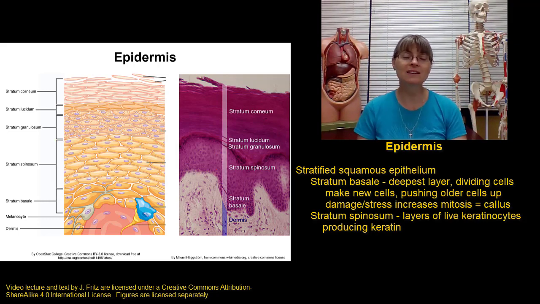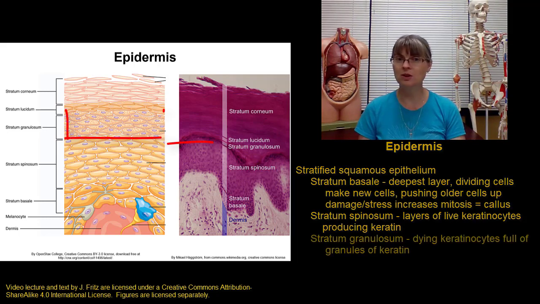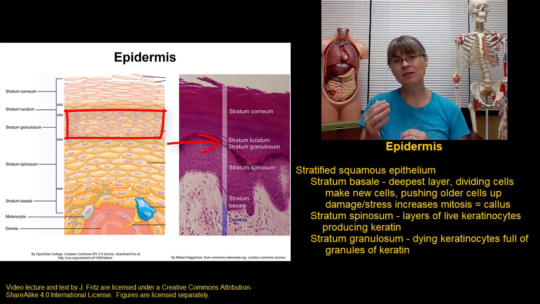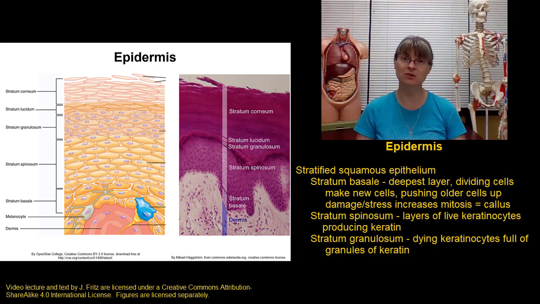Once we move up to the next layer, we get to the stratum granulosum. In the stratum granulosum, our keratinocytes are beginning to die. At this point, they're a little separated from the source of their nutrients, and so these cells begin to die. And when we look at them, we can see that they look a little bit speckled. These are the granules full of keratin inside those cells that we can see.